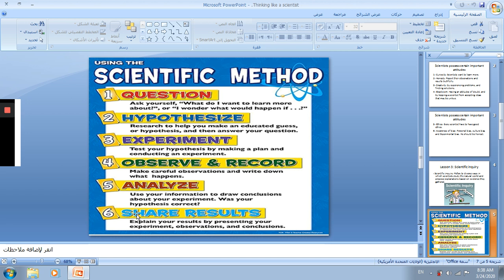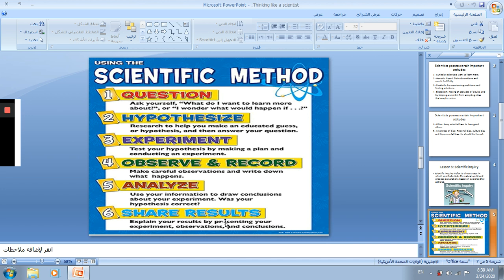Now, number 6, share results. After you succeed in your hypothesis, or after you get a correct hypothesis, you have to share results. Explain your results by presenting your experiment observations and conclusions. Share results with other scientists, so they can analyze your results.